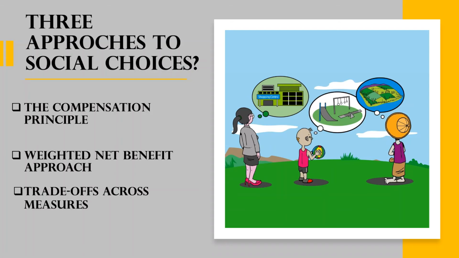But how does the government and the market determine, first of all, what each of them wants, and more importantly, how do they determine whose desire is more important? Should we value the kid's desire? Should his wish be met? Should the lady with the shoes get a shopping center, right?